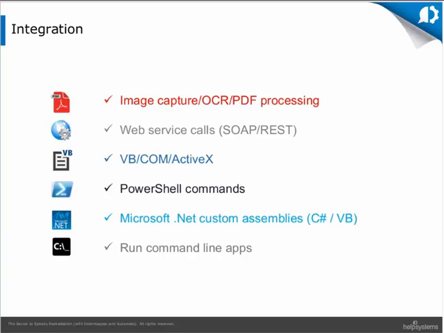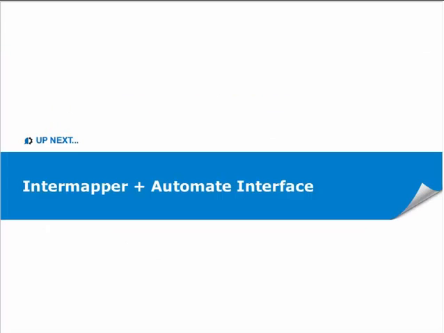You can create your own custom .NET assemblies, and we can run command line applications as well. So the automation suite kind of goes, like I said, from desktop to the entire enterprise and everything that's in between. So let's take a look at how Intermapper and Automate interface and work together.